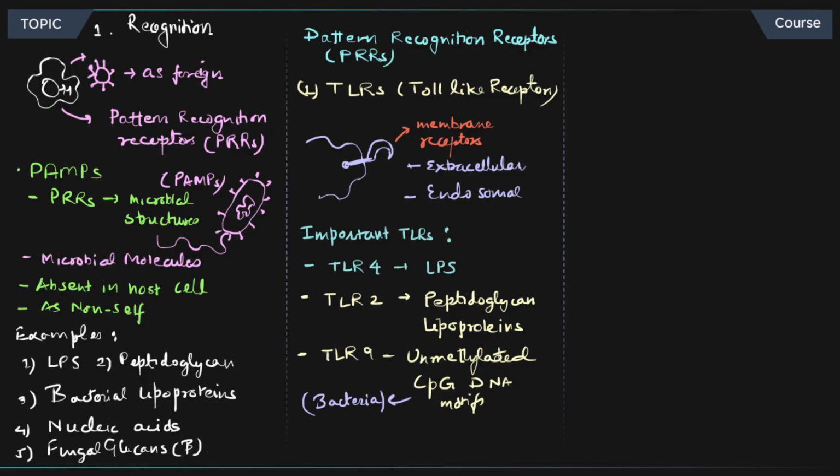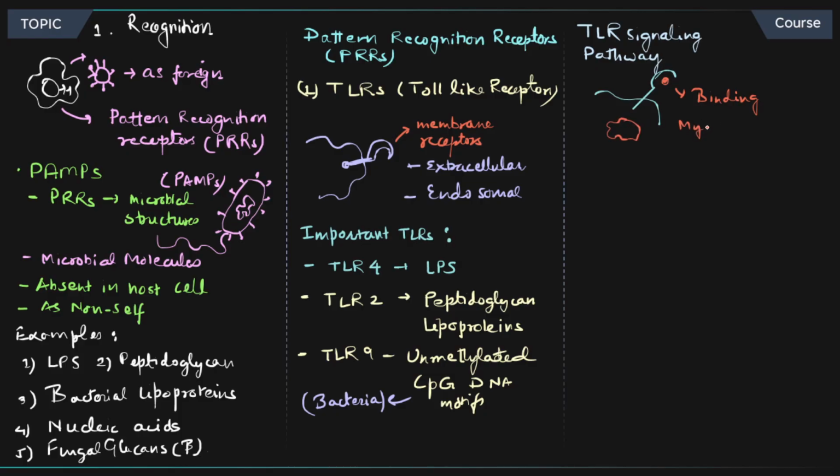Now let's dive a little deeper into the TLR signaling pathway. How does the signaling happen, how is TLR able to recognize these molecules? So, the TLR signaling pathway. Let's suppose this is the surface of the cell, and on the surface you can see the TLR. TLR will bind with its ligand molecule that we discussed earlier. Binding will happen, and then there will be a downstream signaling pathway.